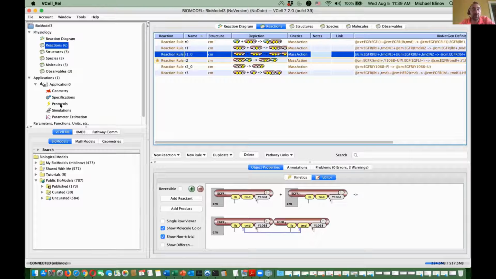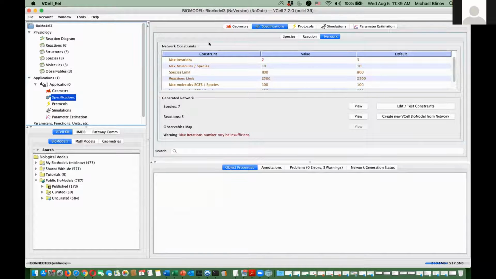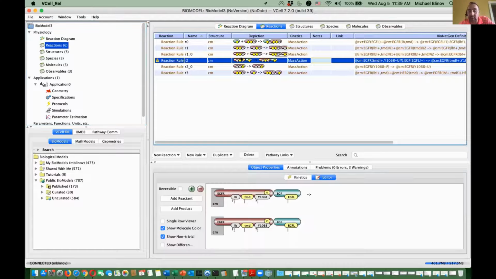Okay, to make a story short. Can you go back to the previous part? Why is there a question mark in reaction rule number R2? Because it can be either bound or unbound. Okay, I see.